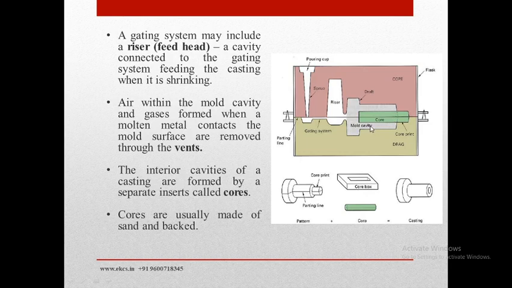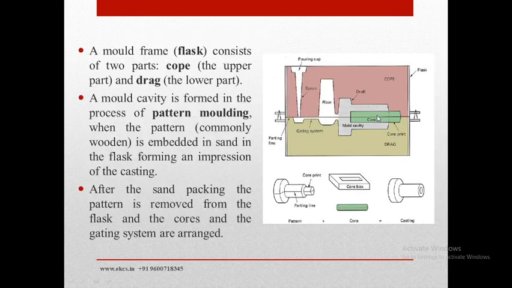Internal cavities are formed by cores. Cores are usually made of sand and baked, because the core comes in direct contact with the mold. The core should be baked so that no moisture is there. So the flask will have cope and drag.